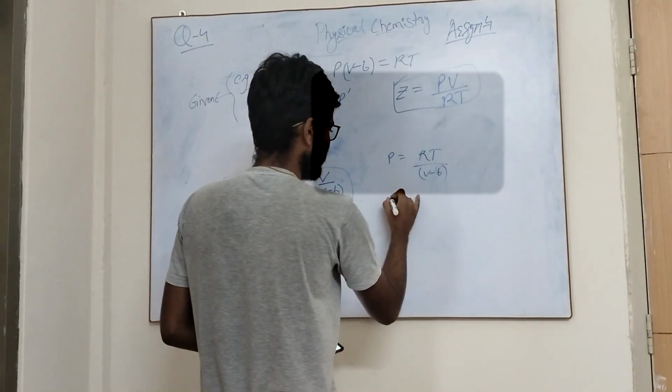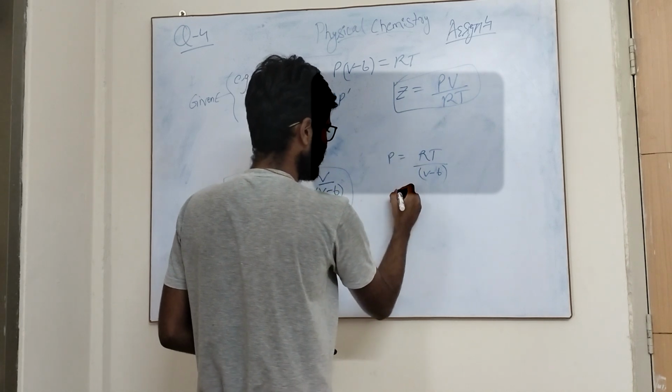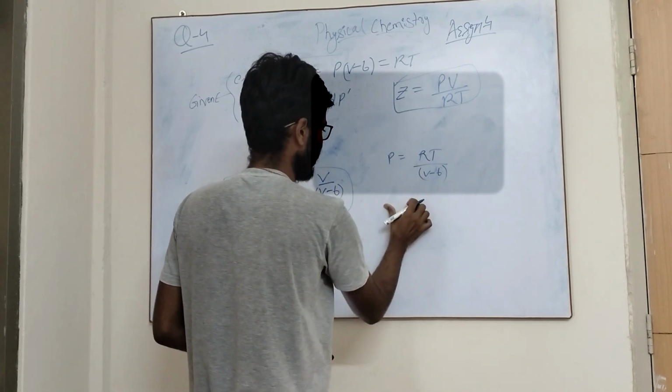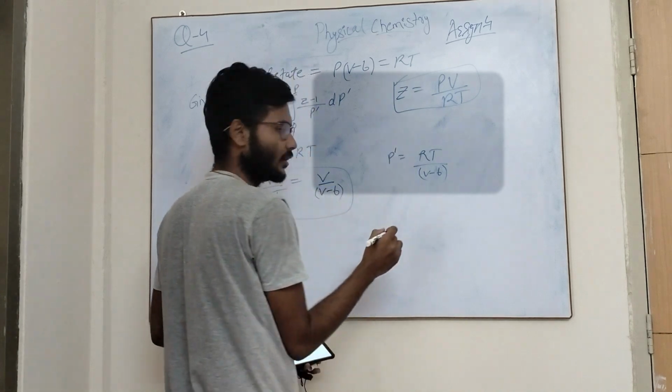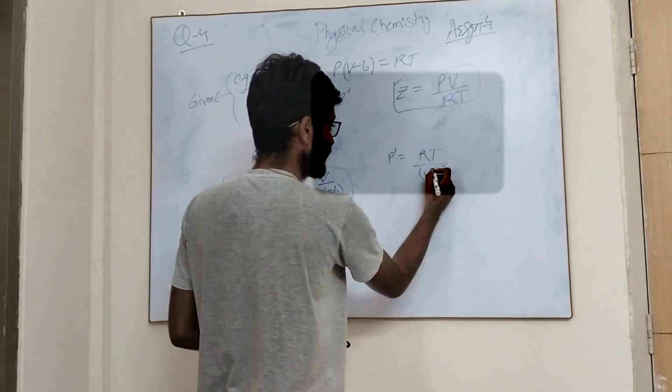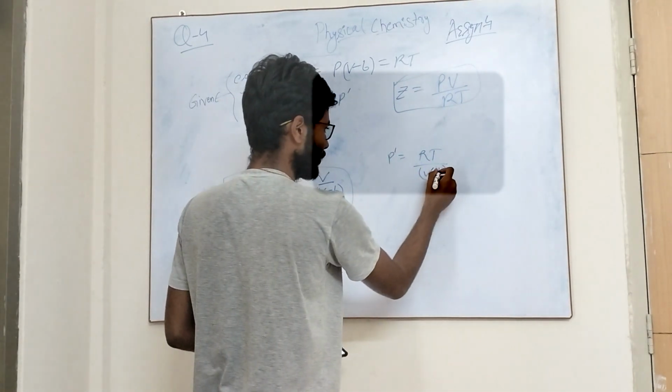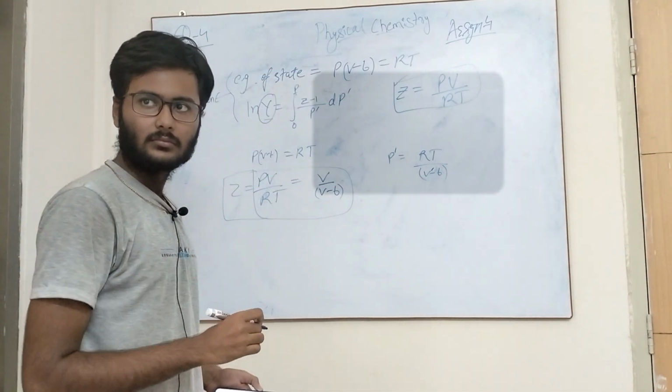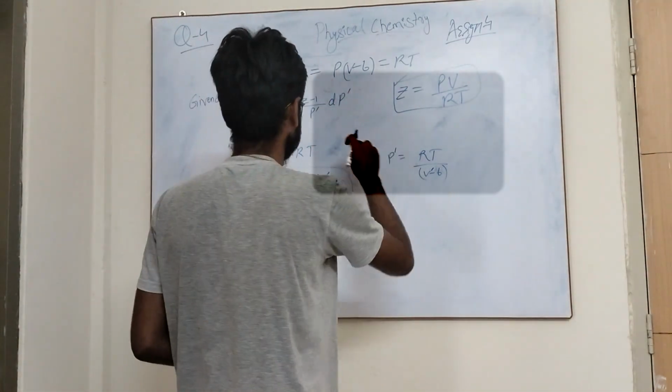So in this equation we'll put P dash, or I directly write it, P dash is equal to RT by some intermediate volume V dash minus B, and temperature would be constant.